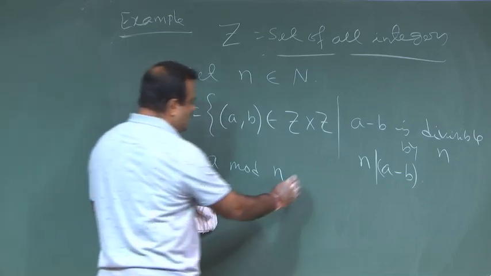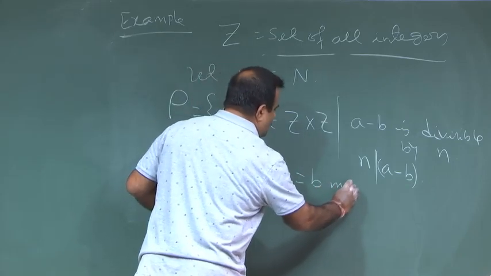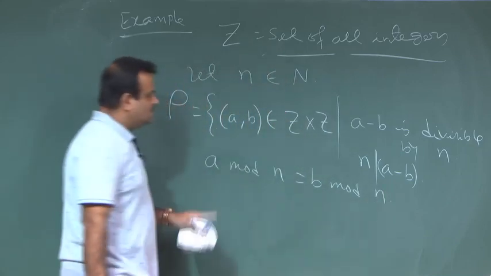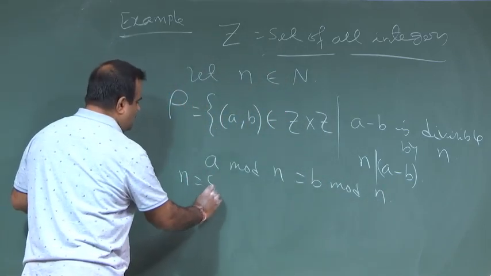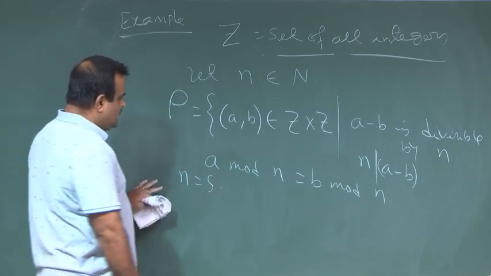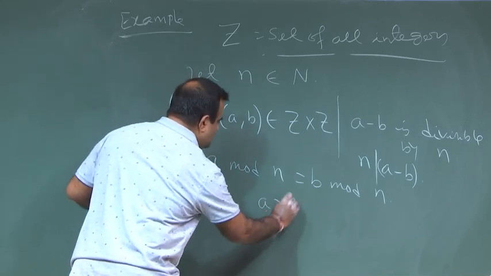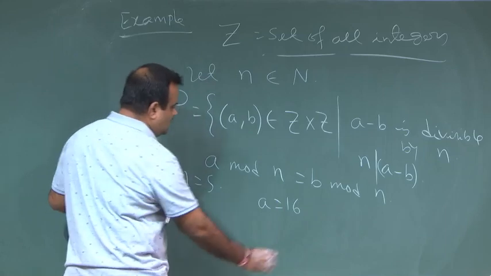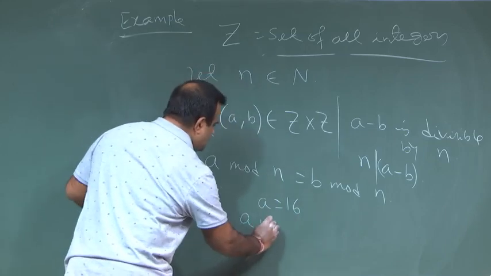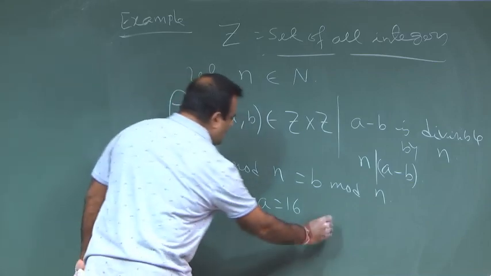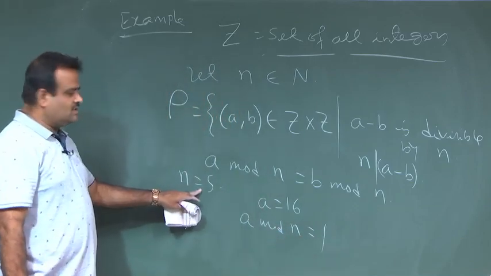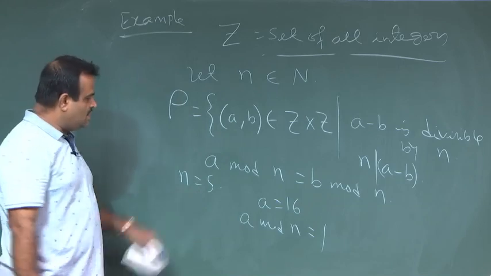If this is the same as b mod n, suppose for example, n is 5. Now, if you take a to be 16, so what is a mod n? A mod n is basically 1, because 16 mod 5, the remainder will be 1.